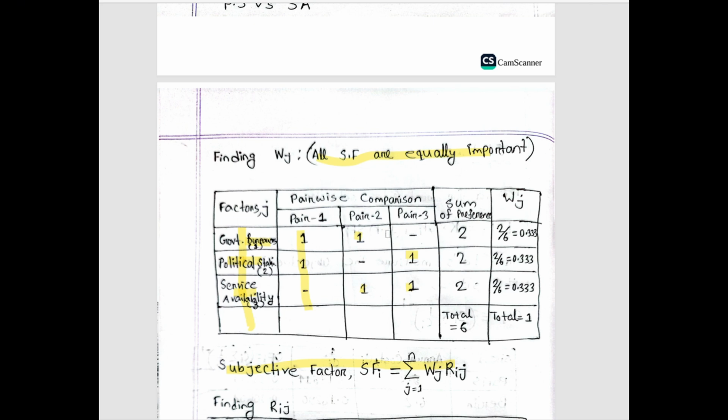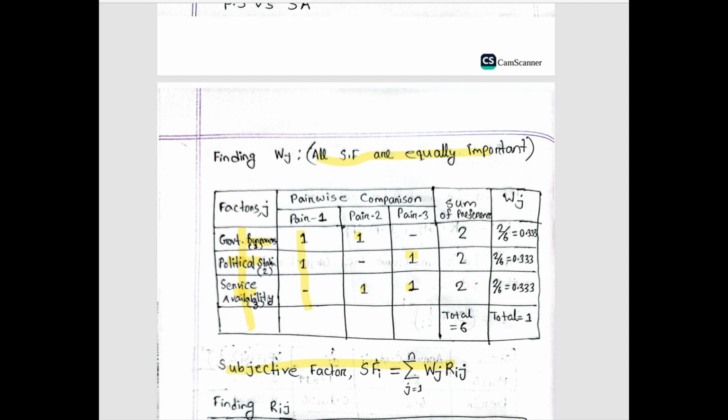Now what would happen if all the subject factors were not equally important? Suppose we have a condition that government bureaucracy has the highest influence, then political stability has medium influence, then service availability has the lowest influence. Then what would be the pairwise comparison?